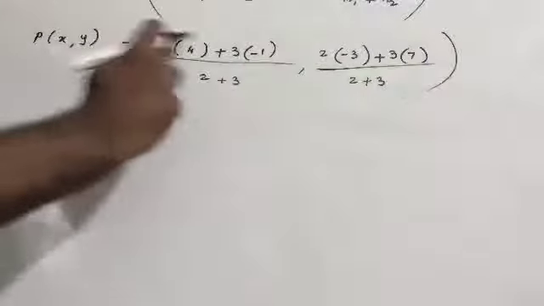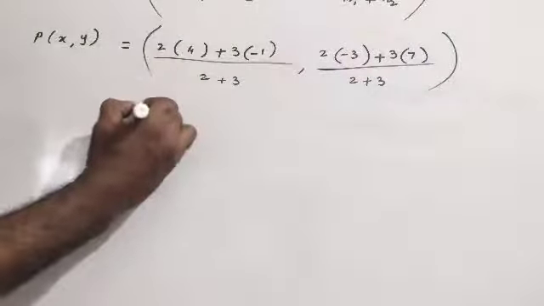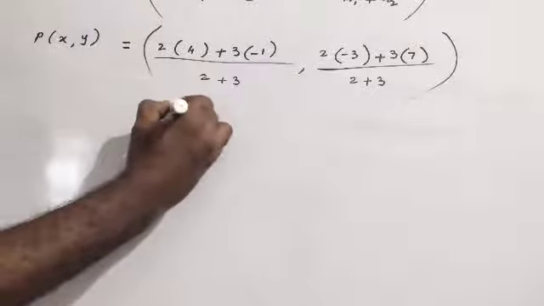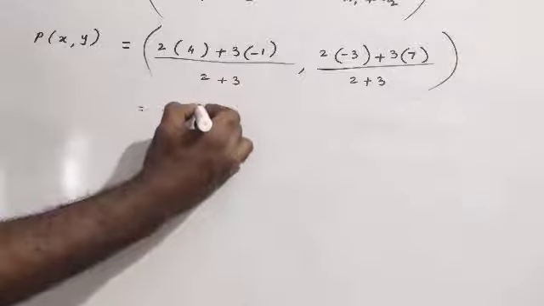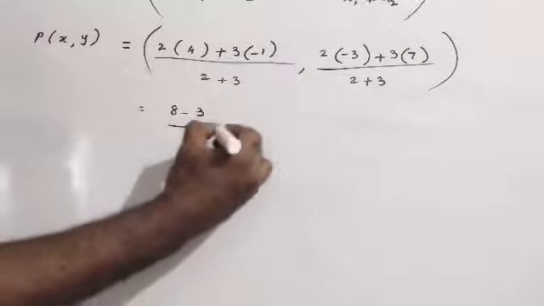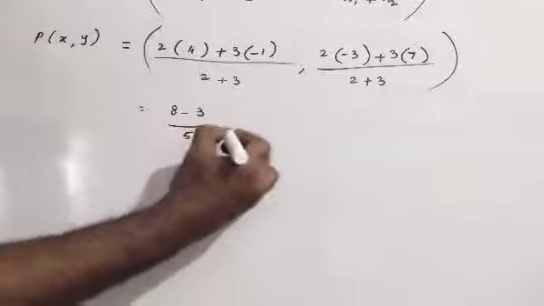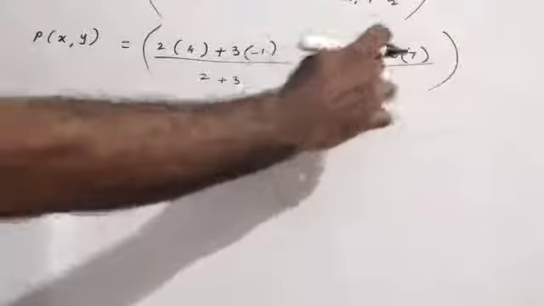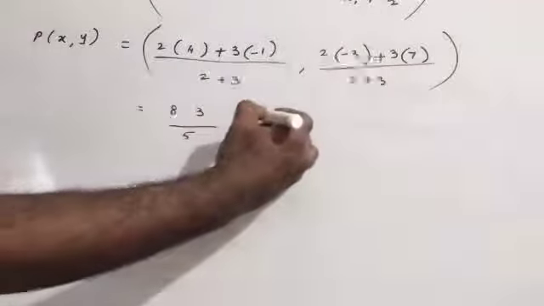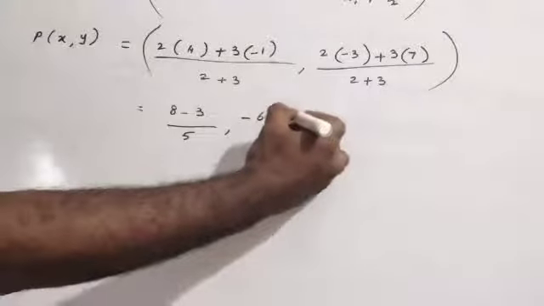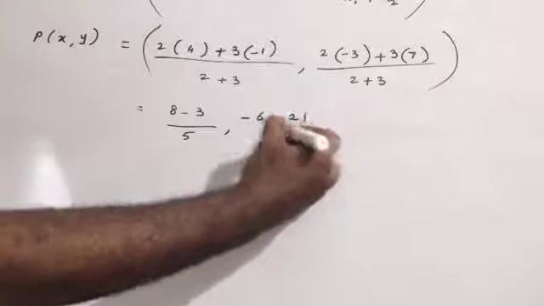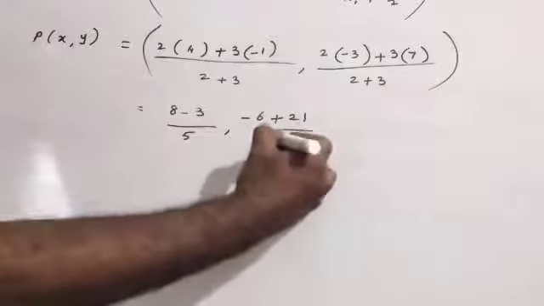Now 2 into 4 is 8, 3 into minus 1 is minus 3, so 8 minus 3 by 2 plus 3 is 5, comma 2 into minus 3, that is minus 6, plus 3 into 7, that is 21, divided by 5.